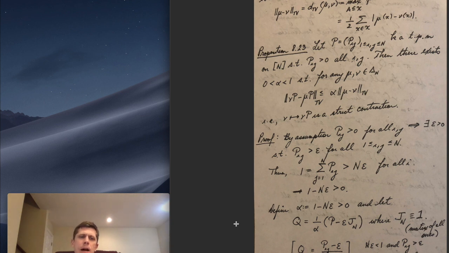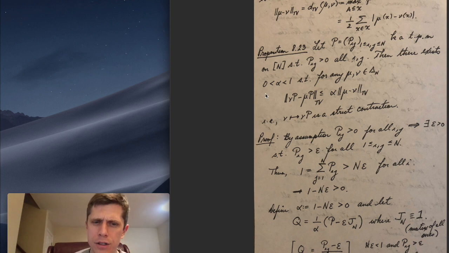Now what we want to do is show that as we move along in this process, the chain is converging to a particular distribution. The whole point is that the marginal distribution is converging to something. The way that we're going to discuss that convergence is in terms of the total variation distance. We've talked about it before, but here we define it again.